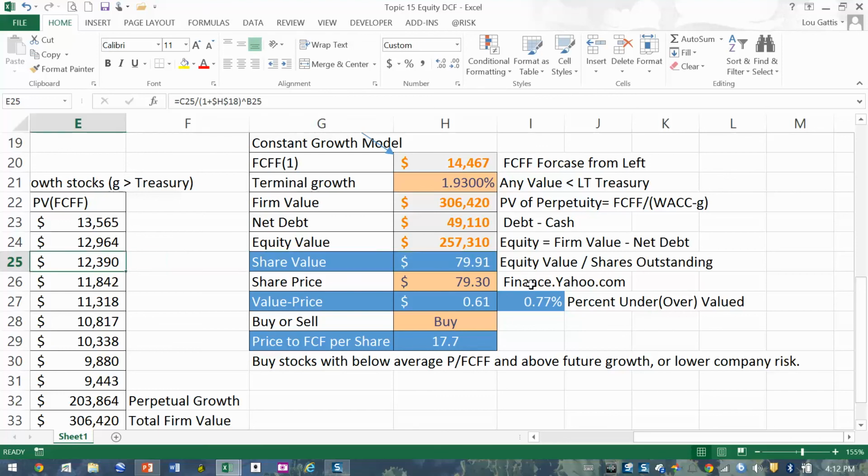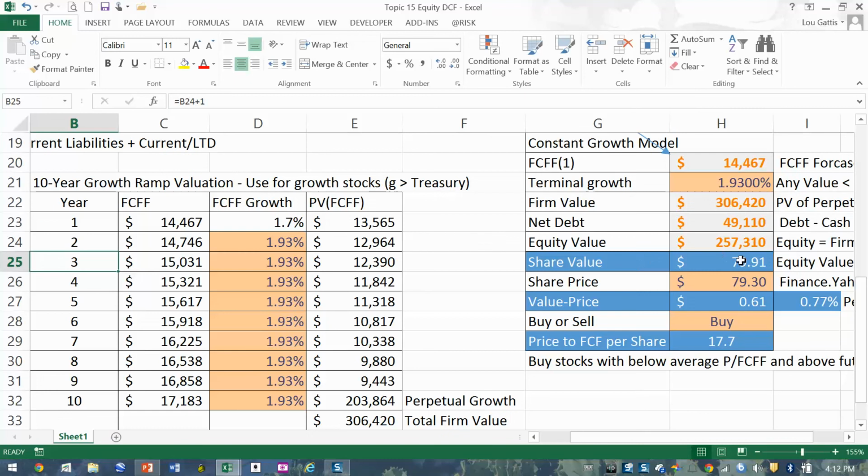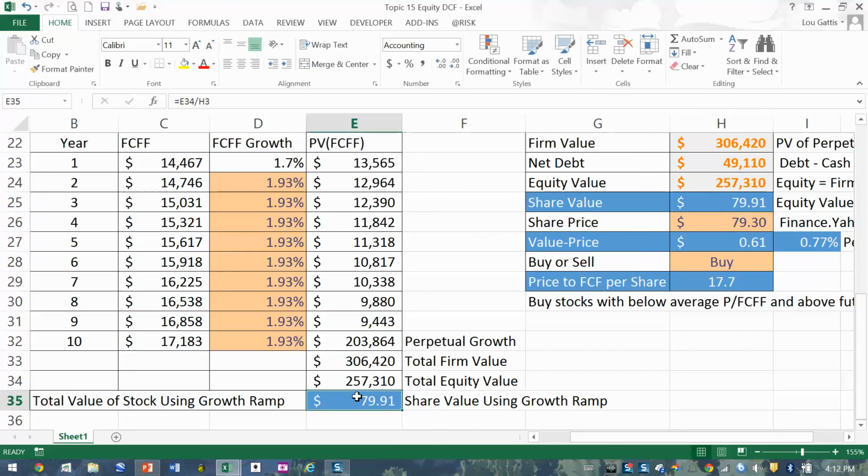Now one other thing you could do is over here, notice this $79.91 shows up down to here. So the $79.91 assumes that $14 billion grows at 1.93% forever. Now I could calculate that another way. I can say, well, it grows at 1.93% for 1, 2, 3 down to 10 years. And then I can do the growth perpetuity formula again.